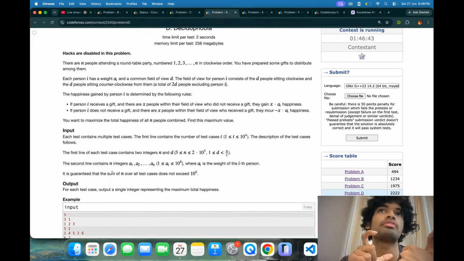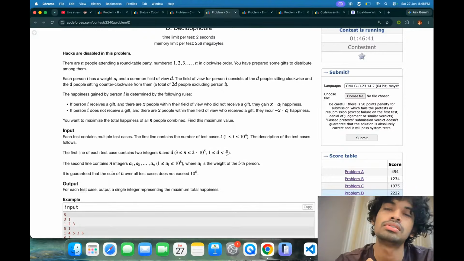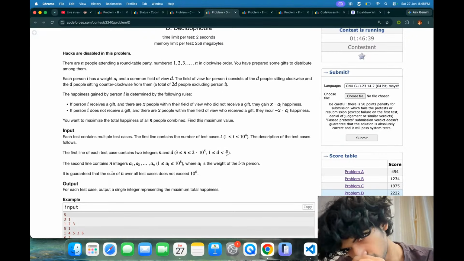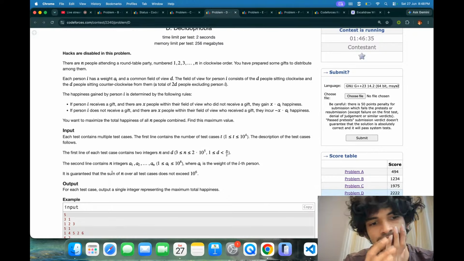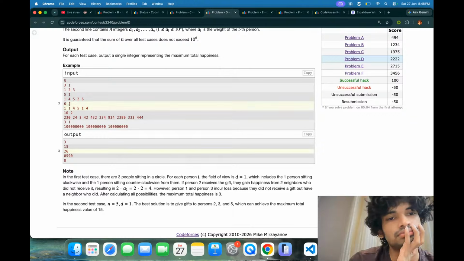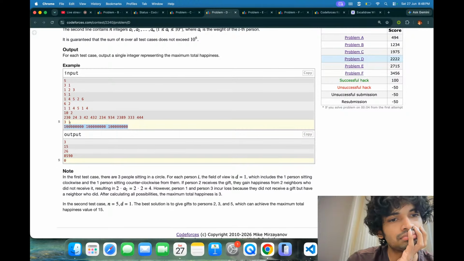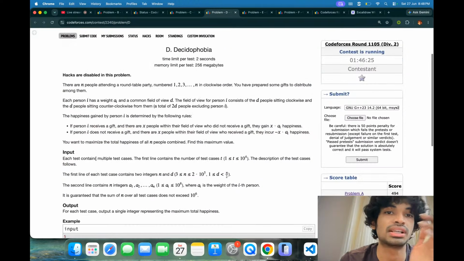Zero zero will not affect anything. See, sometimes 0 is the maximum you can get.